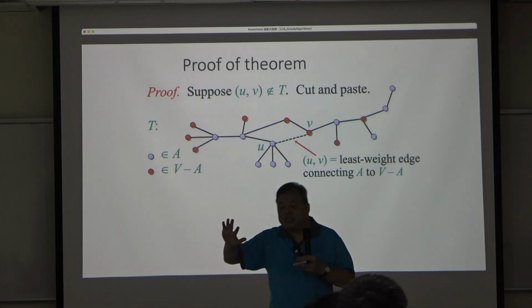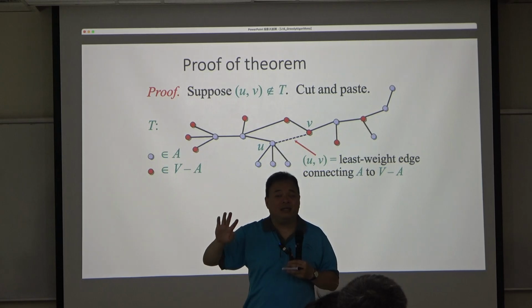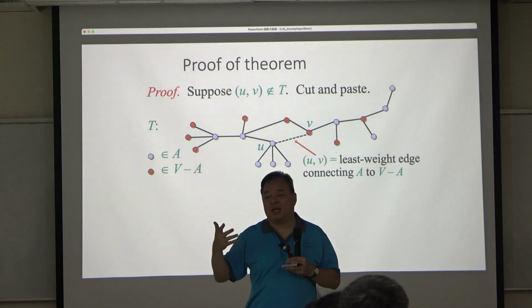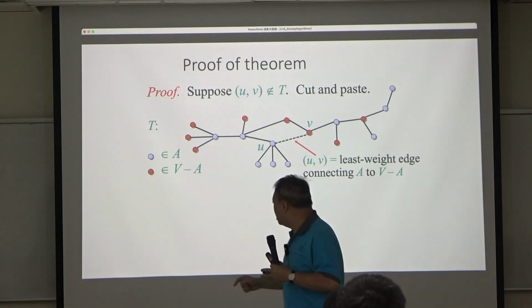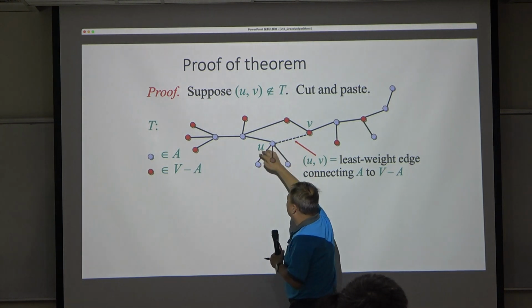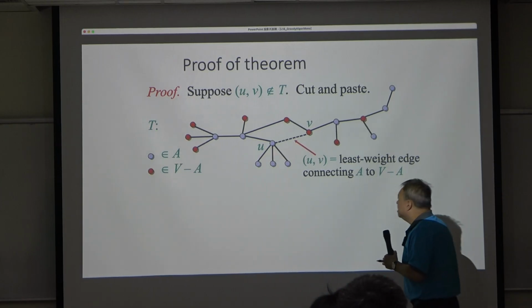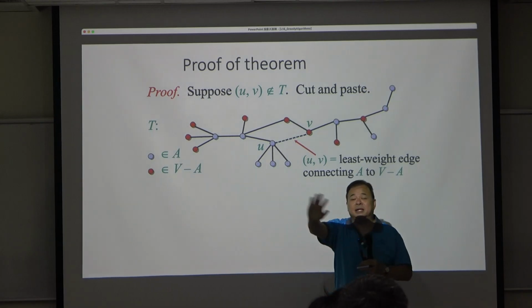If you only consider the nodes in A and their induced subgraph, they are not connected, because obviously these edges will have to be removed. They will not be in the induced subgraph. Okay, but it doesn't matter.